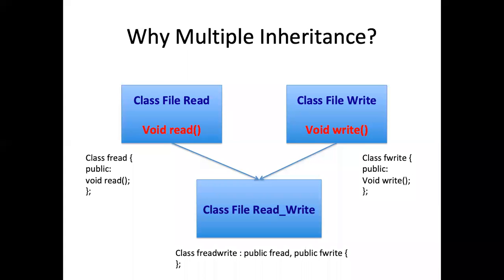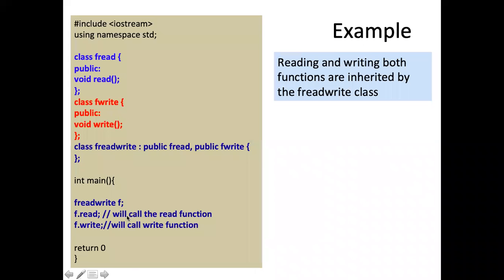So you simply inherit file read and file write, and then you can use those. So you don't have to rewrite everything again and again. So you can reuse them. Okay, so you have this multiple inheritance architecture, and you know how this multiple inheritance is actually working in this particular case.